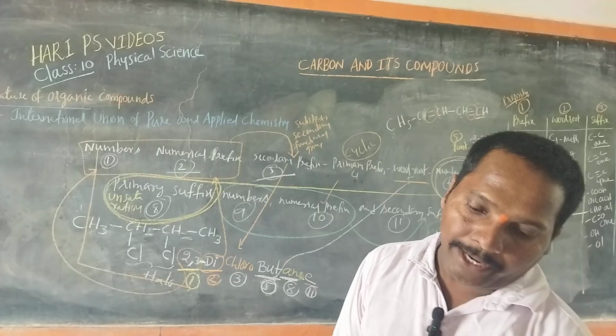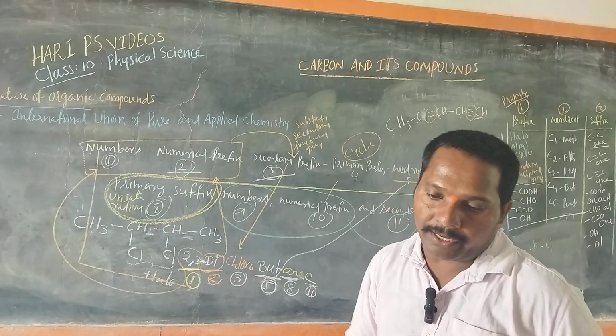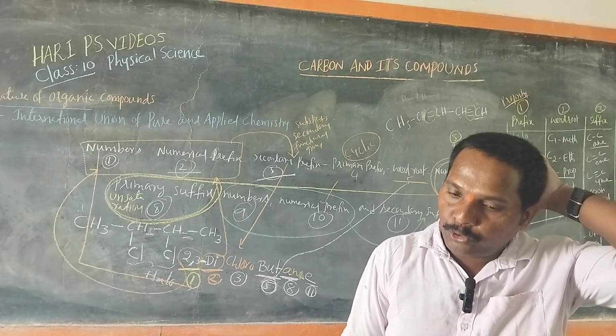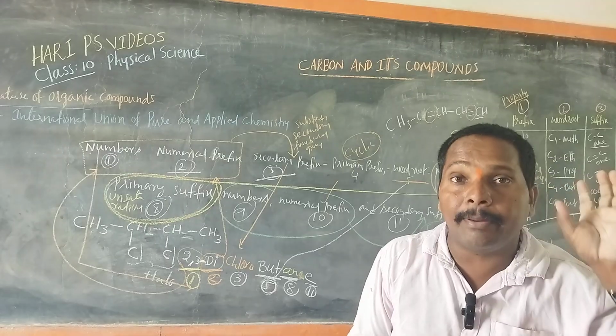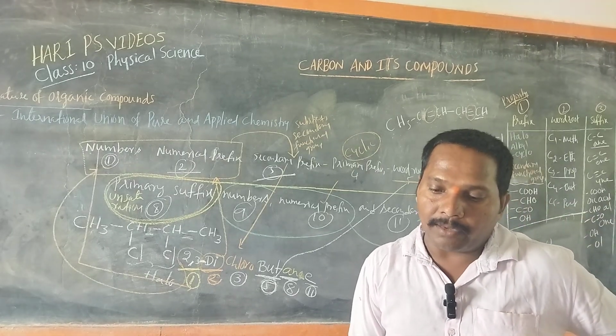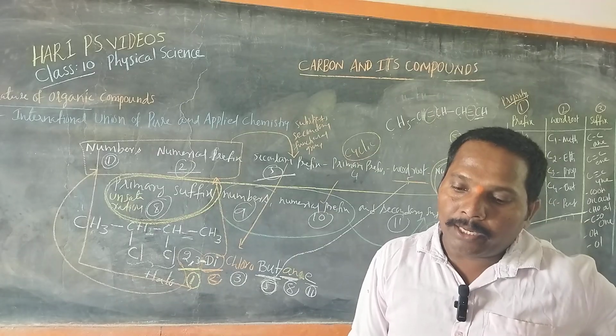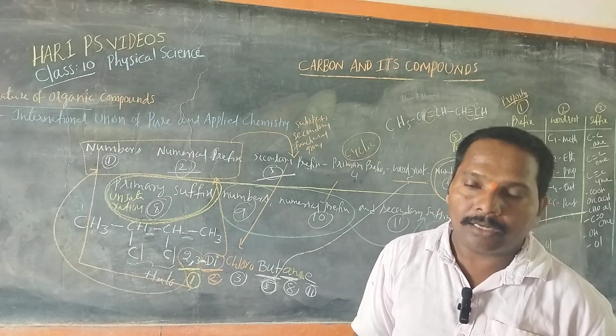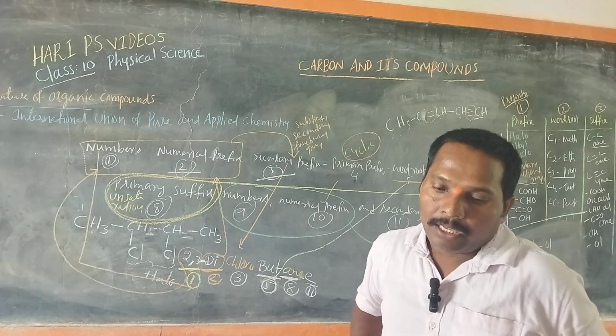If you find more than one substituent in the structure, you have to follow alphabetical order in naming them. For this, numerical prefixes are not considered.